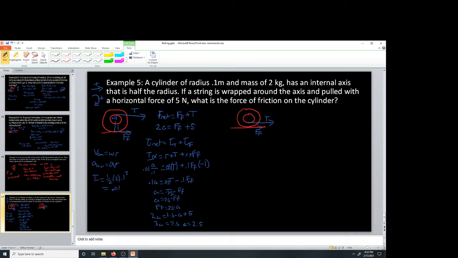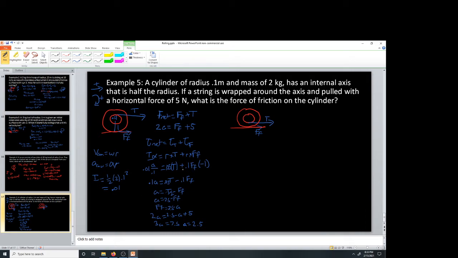And I've made a mistake there as well. Delightful. What did I do? So the acceleration can't be 2.5 because that would be if it was just sliding. So I've made a mistake, and the question is why?